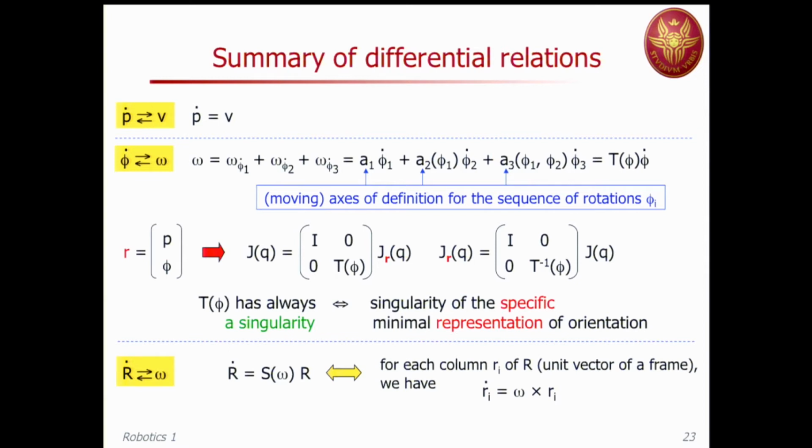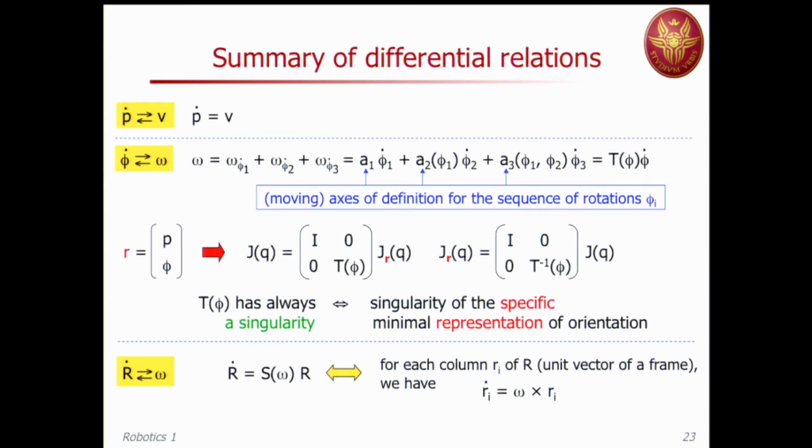at the level of differential relationships. We have now found out that the time derivative of the position is the velocity. And in fact, the upper part of the Jacobian is the same if we are considering as task variable the position of the end effector. Then we have found a relationship between a generic derivative of a minimum representation of orientation, so triangles organized in an array phi, so between phi dot and omega.